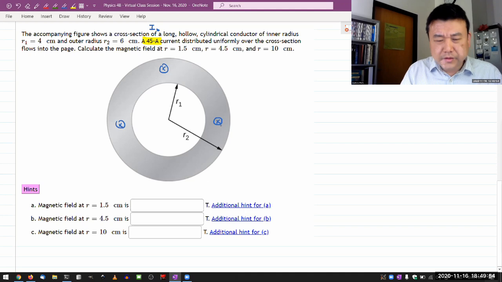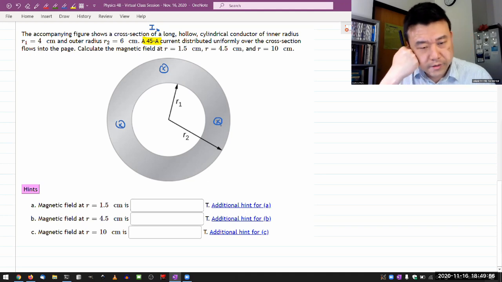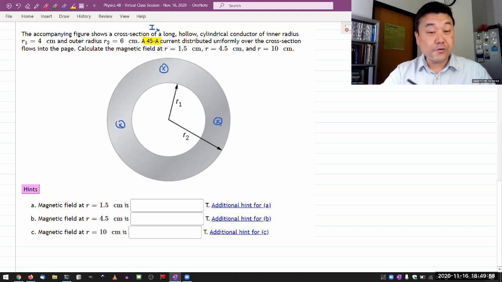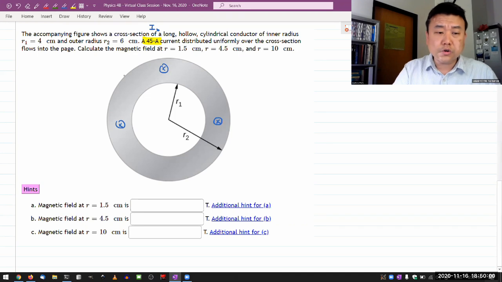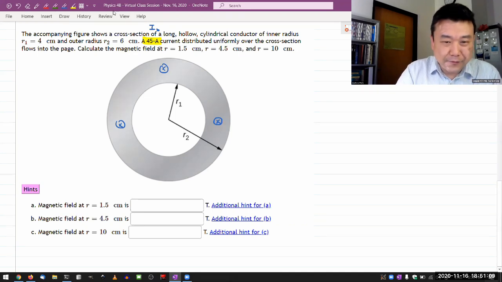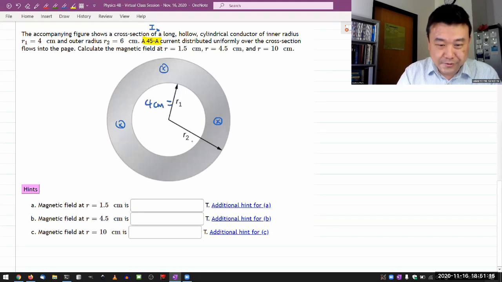I think I want to define a new quantity that you have seen in the textbook, which is the current density. So let me label those so that I don't confuse myself. So R1 is 4 centimeters, and R2 is 6 centimeters.